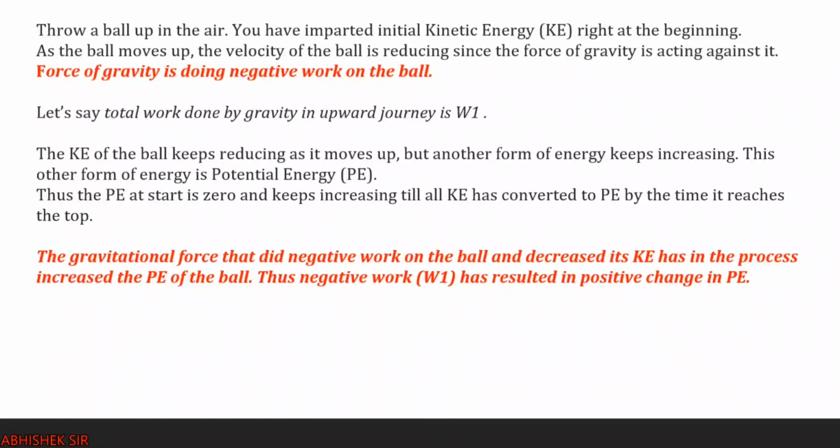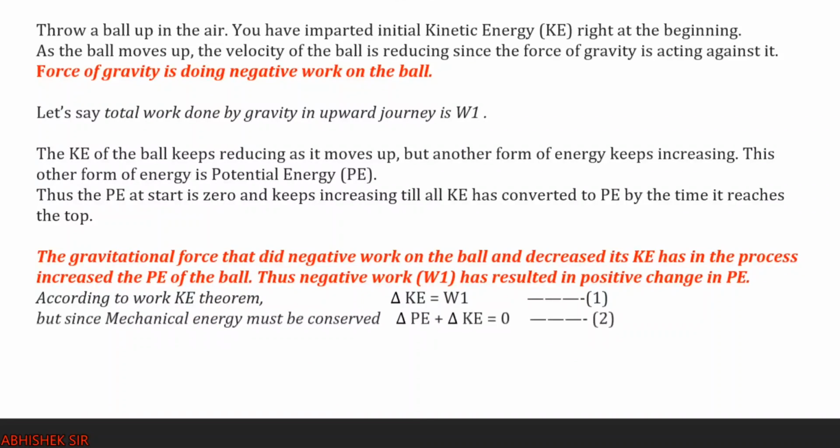So this gravitational force, this negative work, was the friend of potential energy, right? So here work done is the resultant of change in potential energy. So work energy theorem: delta kinetic energy is equal to the work done. Change in kinetic energy is equal to the work done.